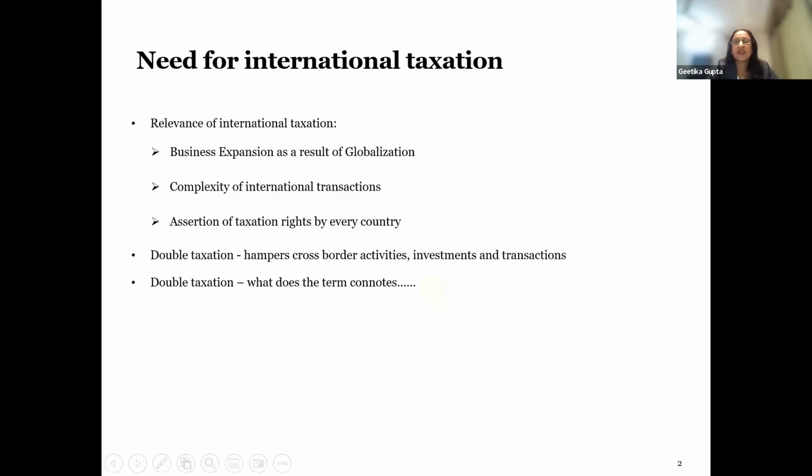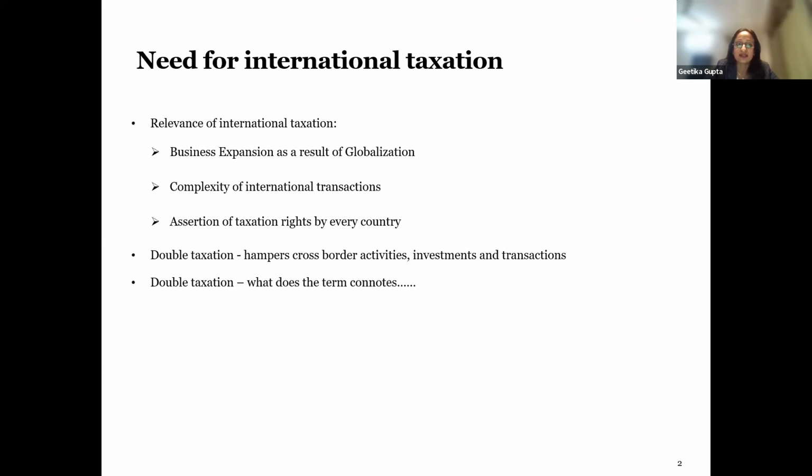Yeah. So friends, before deep diving into the concept of international taxation, it would be good to understand what is the need for international taxation. In recent times, the area of international taxation has gained importance.